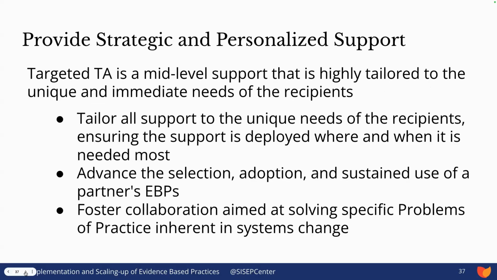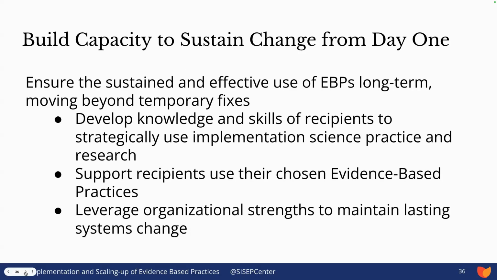So we know we have to develop, just a second on that slide, Corey. I'm sorry. So, right, developing the knowledge and skills, we have to develop that capacity. We have to support our participants in what they choose to use and always leveraging, always thinking strategically, listening, understanding their readiness, understanding what they have to leverage. Because when you are in an organization and you are so close to the work, sometimes you don't see what you can leverage.